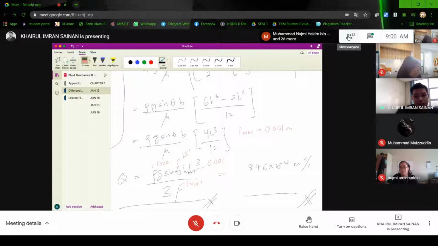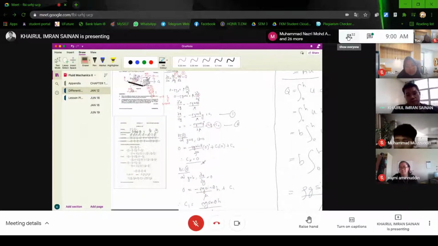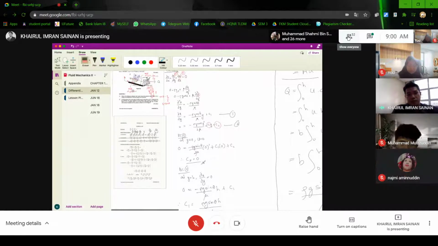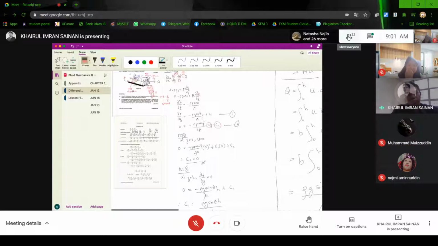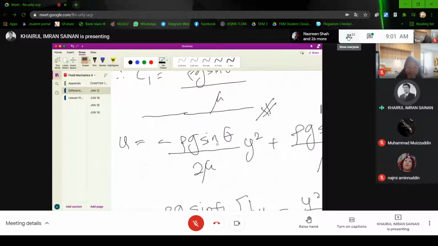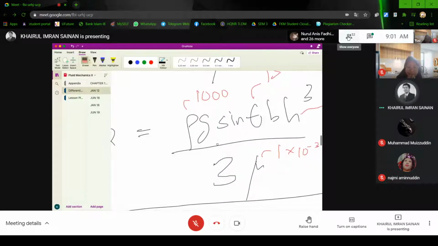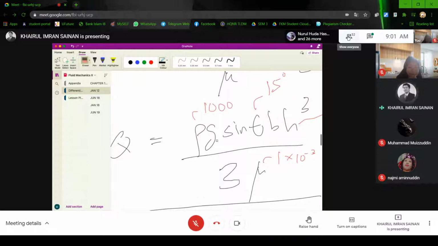If you put B here, your equation becomes rho G sine theta H cube divided by 3 mu, because B is 1 meter wide. But once again, expression. If you just directly replace the value, your expression is going to be different.